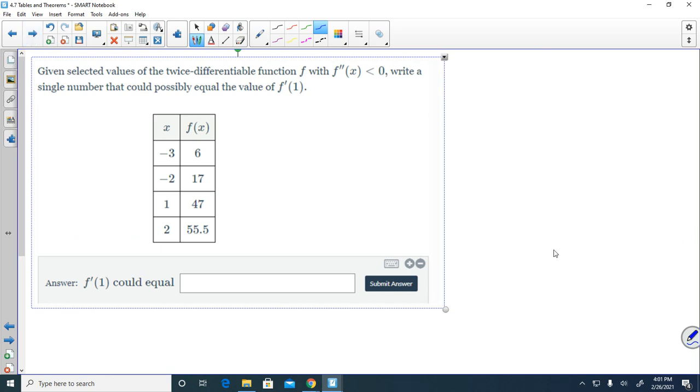Then in this section, you'll also have to say what f prime of a number could be. So we won't exactly know what f prime is, but we can give a pretty good estimate. So let's get some values for f prime. Again, we're going to use the slope to estimate values of f prime.